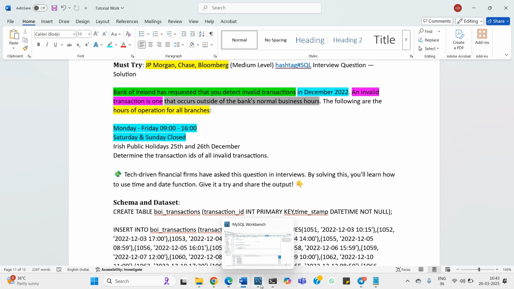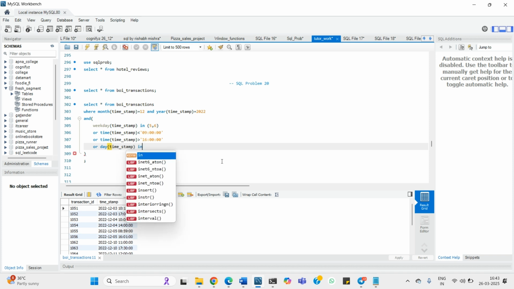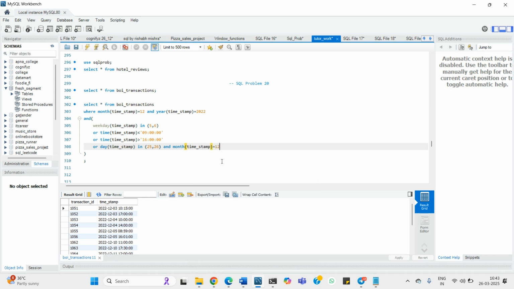We can write a condition as OR day of timestamp in 25 and 26, and the month should be 12 because it's 25 and 26 December, month equals 12. Now we can put this whole condition in brackets.